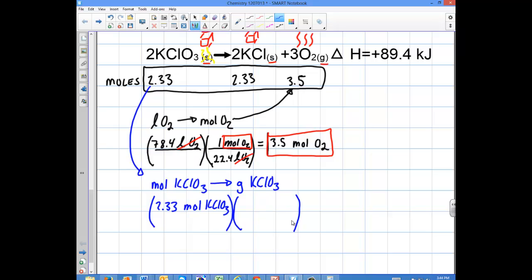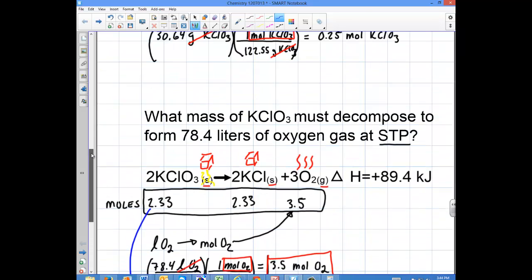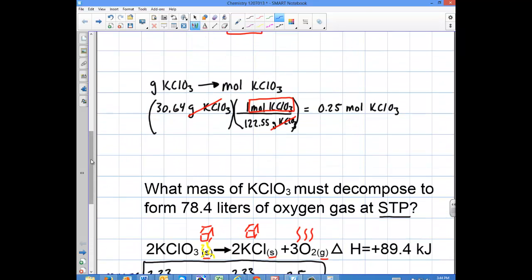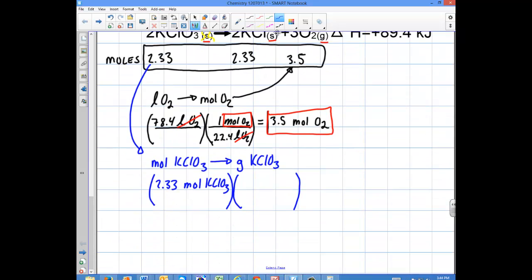So we saw before the molecular mass of that was 122.55. So I'm just going to go ahead and rewrite it out again here. So we have 1 mole of KClO3 is 122.55 grams, okay, of KClO3.